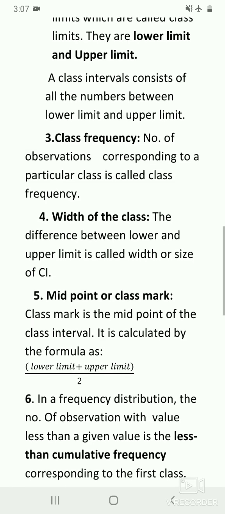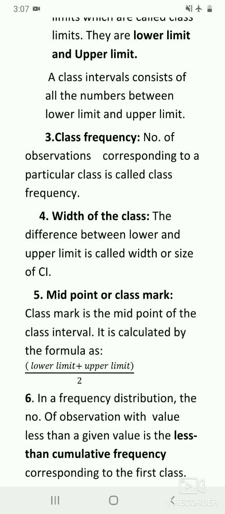The difference between the lower and the upper limit is called the width or size of the class interval. The midpoint or class mark is the average of a class interval. It is calculated with the formula (lower limit + upper limit) / 2. So it is the midpoint of the class interval.